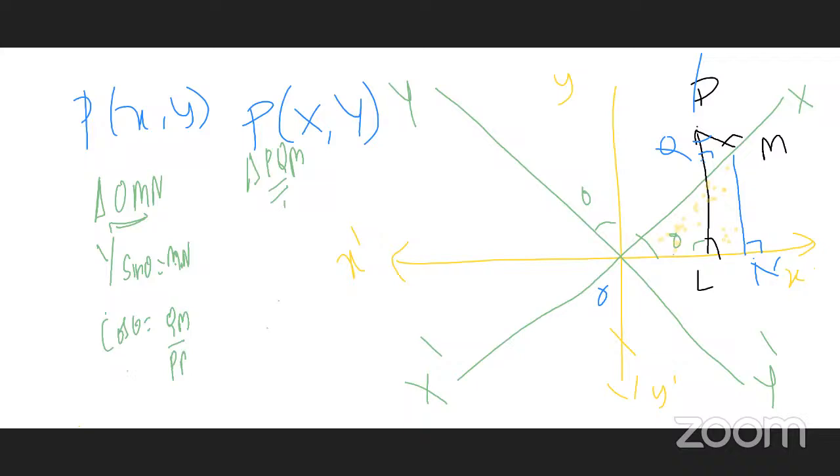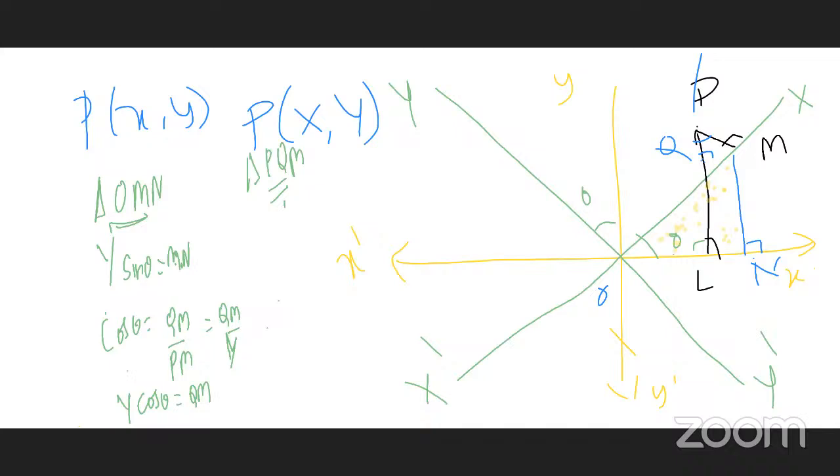The value of PM is capital Y. So if I simplify this, it becomes Y cos theta is equal to QM.